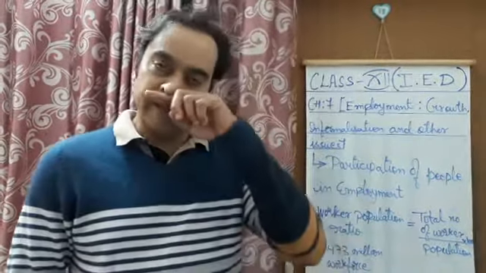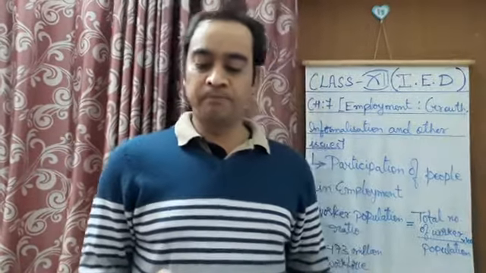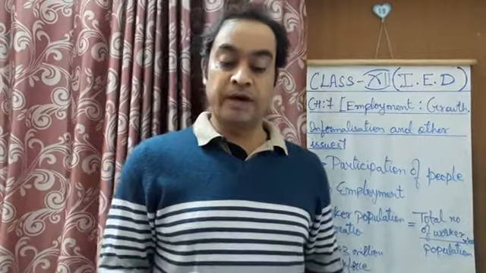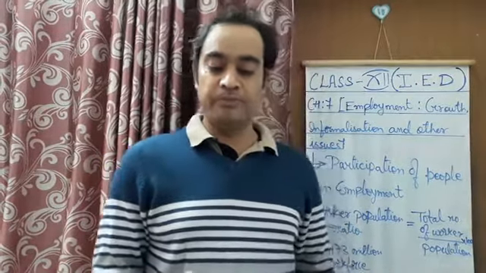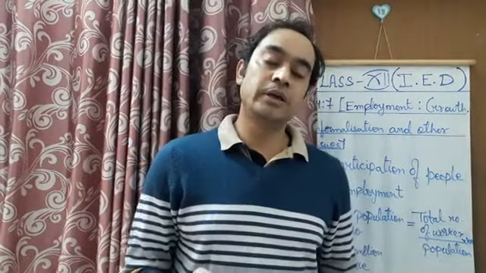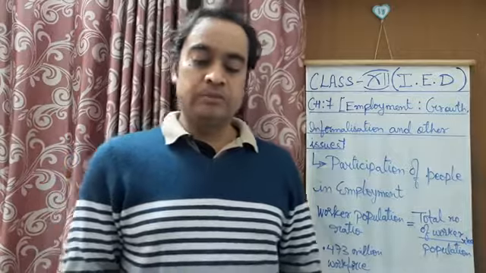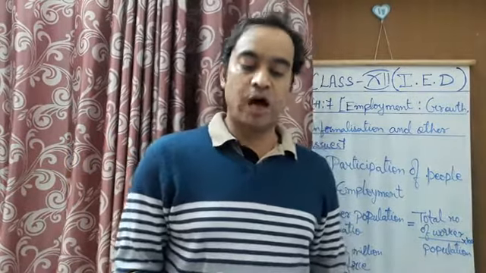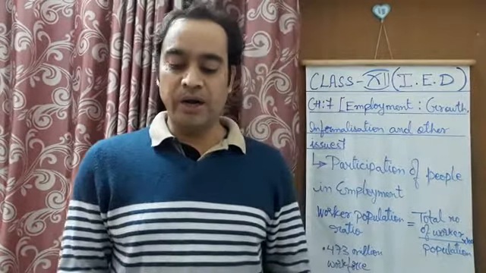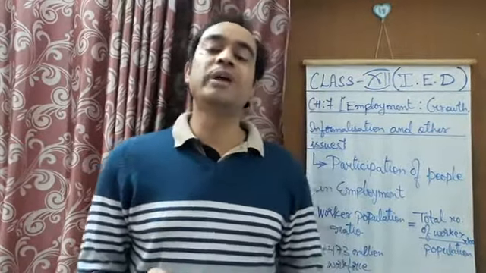If you see here that in the urban areas, in every 100 urban females, only 15 are engaged in economic activities. So you will see here that in the urban areas, out of every 100 urban females, only 15 are found to be engaged in working.